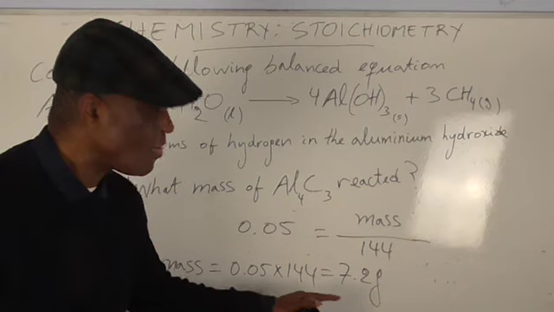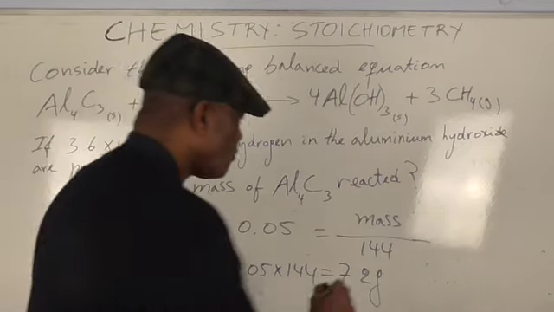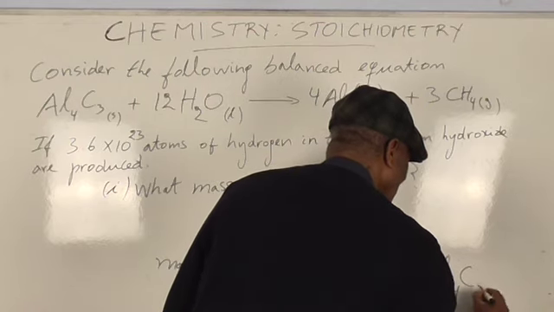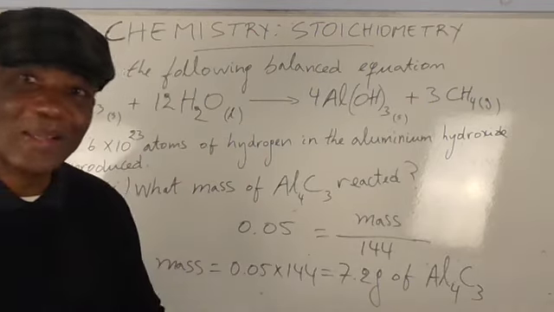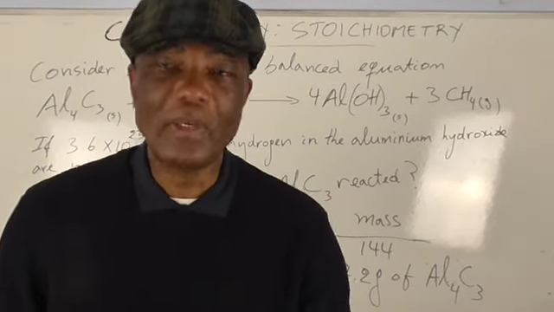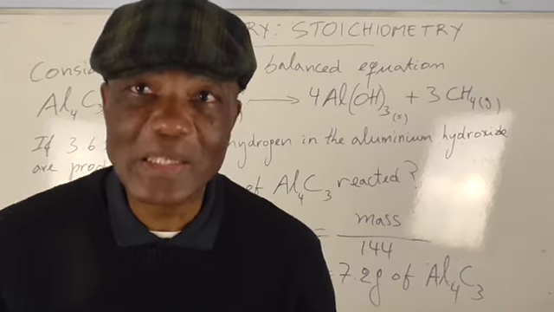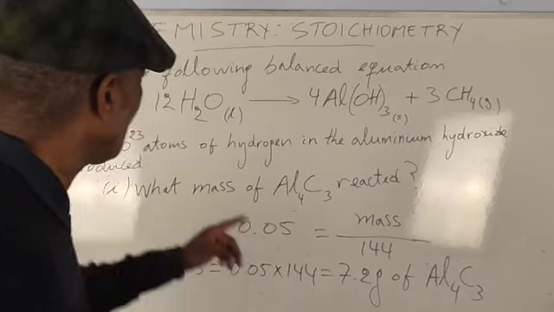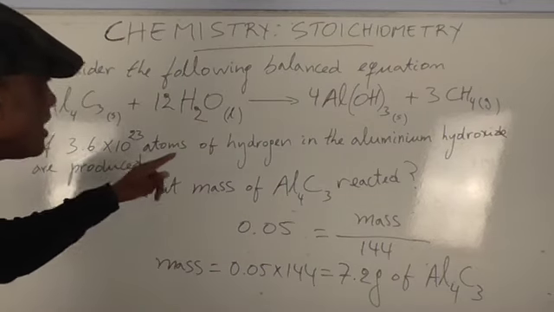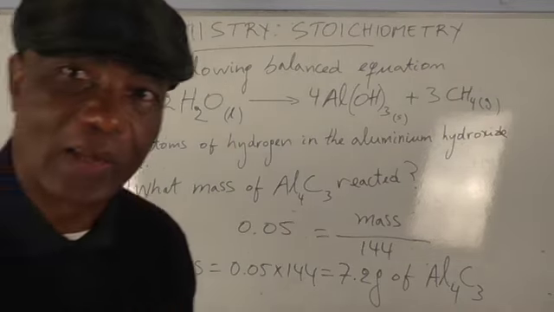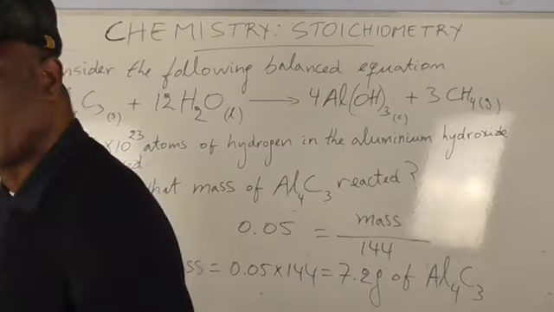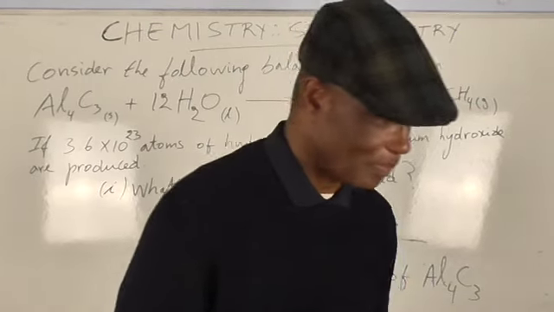So we got 7.2 grams of aluminium carbide. This mass, 7.2 grams of aluminium carbide, was necessary to produce 3.6 multiplied by 10 to the power 23 atoms of hydrogen. Okay, so we have answered the very first question.